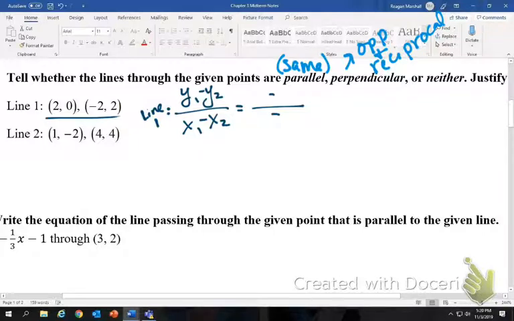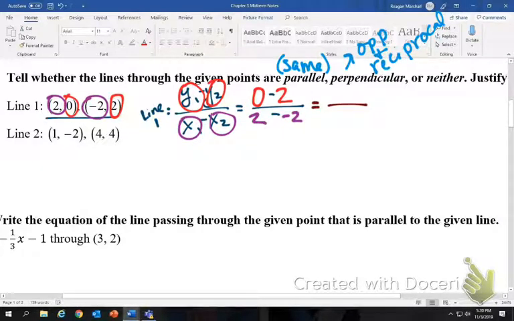So let's do our first y, which is 0, minus our second y, which is 2, over our first x, which is 2, and our second x, which is -2. So we'll simplify. 0 minus 2 is -2. 2 minus -2 makes positive, so that'd be 4. We do reduce in math, so this is actually -1/2 is our first slope.